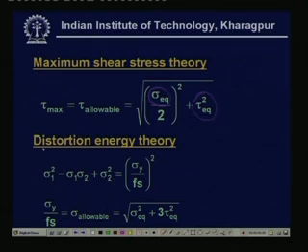And just like the maximum shear stress theory, if we look at the distortion energy theory, we know this expression comes in this particular form, and if we substitute the values of sigma 1 and sigma 2, then it can be shown that sigma y by factor of safety, which is sigma allowable, will come out as the square root of sigma equivalent square plus thrice tau equivalent square.